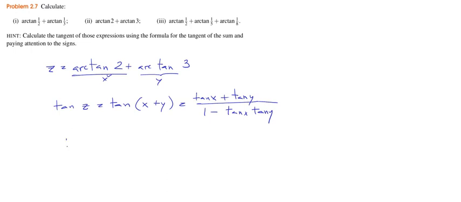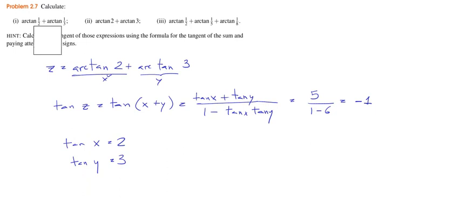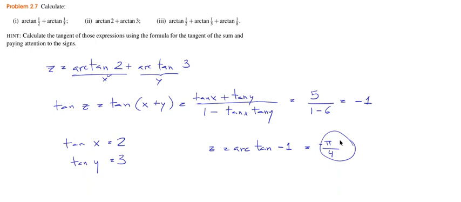And so now the tangent of x is 2 as before, and the tangent of y is 3 as before. So we have 5 over 1 minus 6, so this is minus 1. And so z is the arctangent of minus 1. Okay, and the angle that has a tangent of minus 1 between minus pi over 2 and pi over 2 is minus pi over 4.